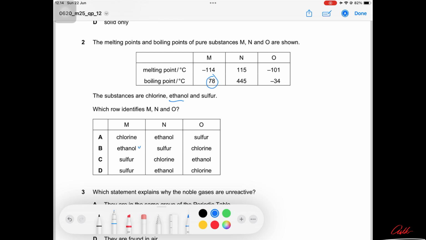If we only have one correct option, there are no other confusing options like C and D. You have the same substance for sulfur in the first column, so you would have to consider the next substance in the other column. But in this case, you don't need to, and you can save time for the next number.